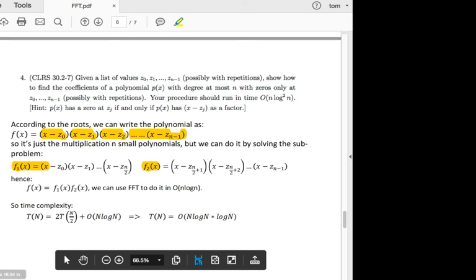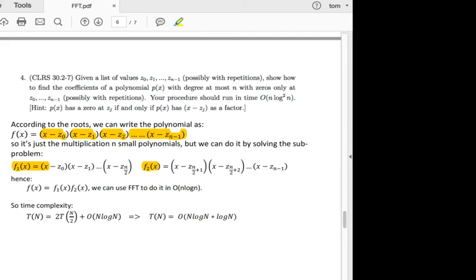We divide the problem into two parts, and the size is n divided by 2, and for each step, the cost is at most n log n. Here is the FFT. So it turns out the result is n log n times log n. Yeah, that's what the problem asked: n log squared n.